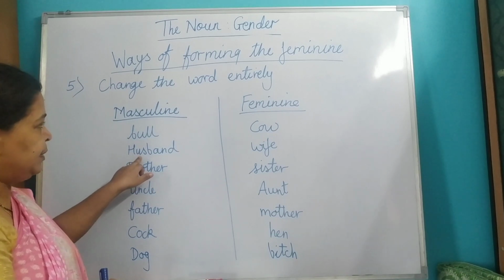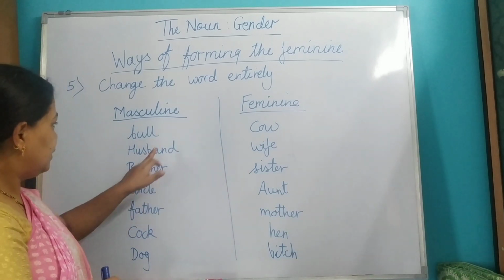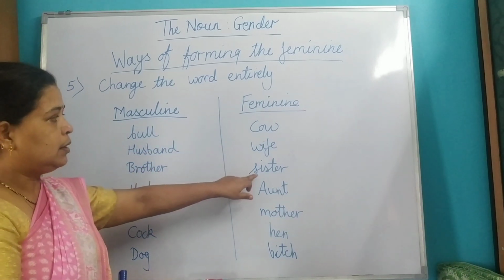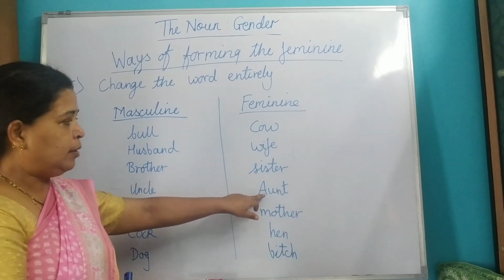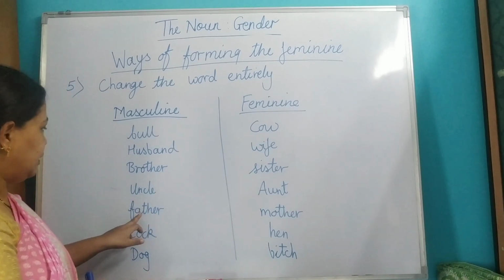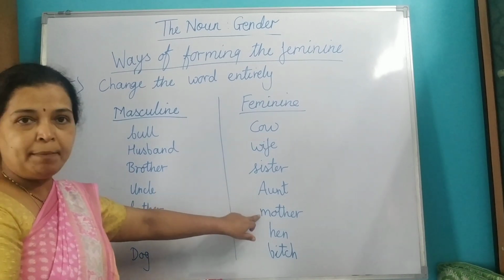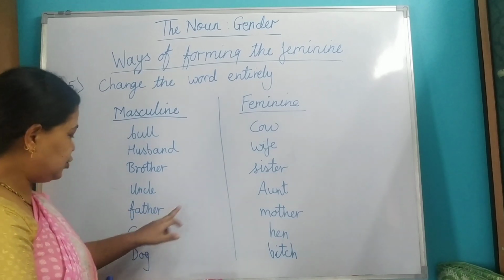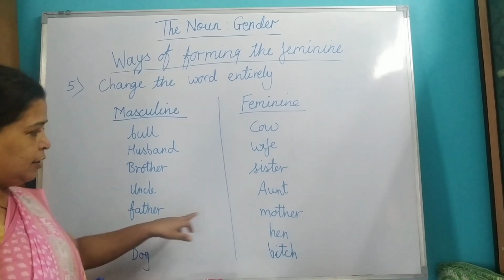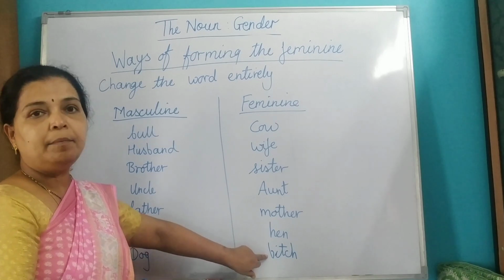Then husband, wife. Brother, the feminine is sister. Uncle, feminine noun, aunt. Then father, mother. Cock, hen. And the last one, dog. The feminine of dog is bitch.